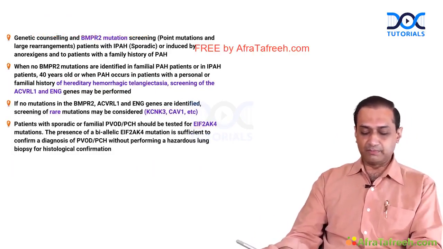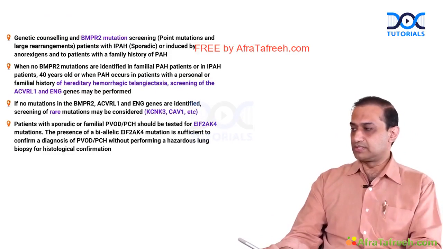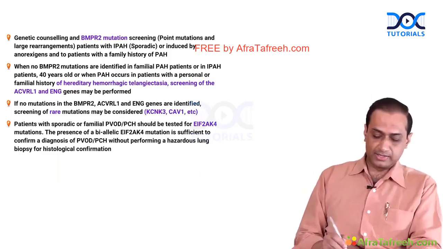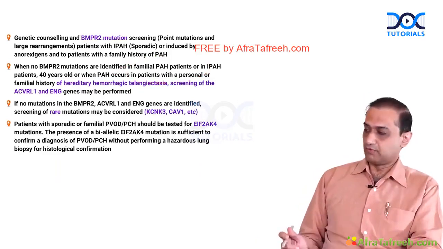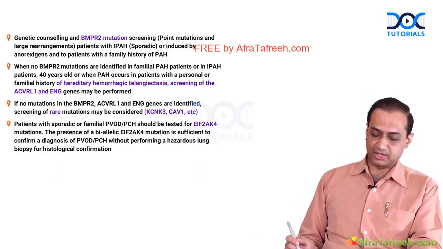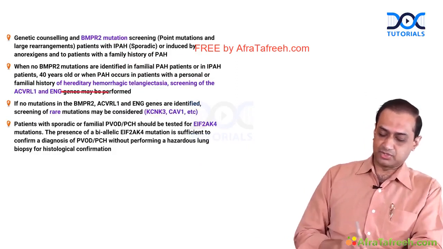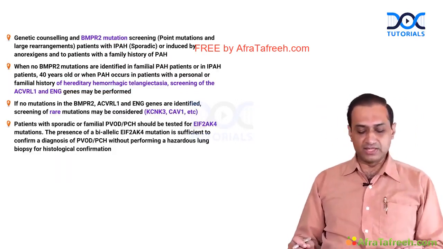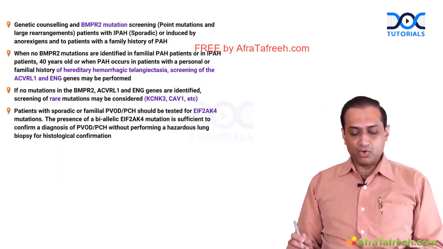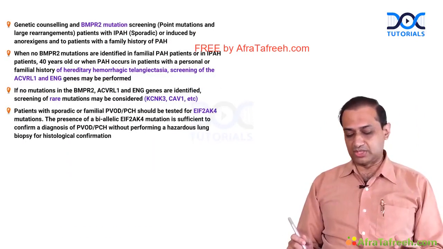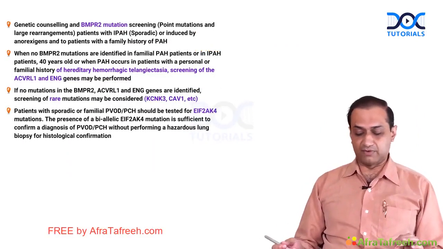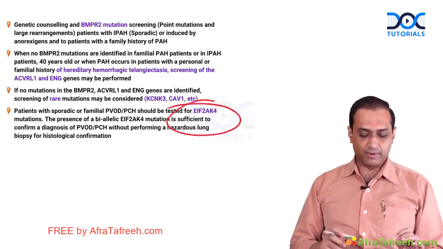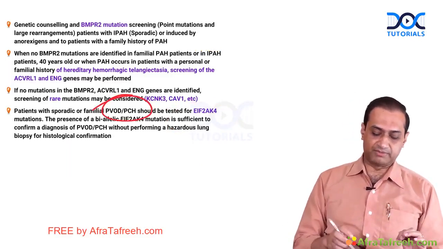When no BMPR2 mutation is there, and in patients with a family history, or when PH occurs in patients with a personal or family history of hereditary hemorrhagic telangiectasia, screening of ACVRL1 and ENG genes can also be done. If no mutation is found in these, then rare mutations are KCNK3 and CAV1. EIF2AK4 mutations can also be found in familial PVOD-PCH.